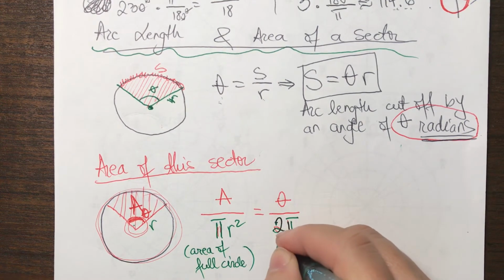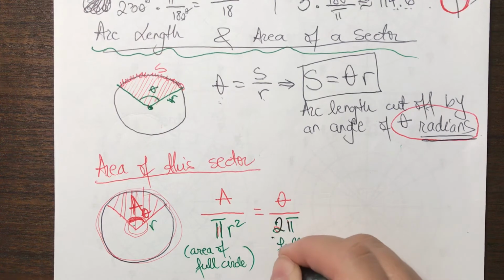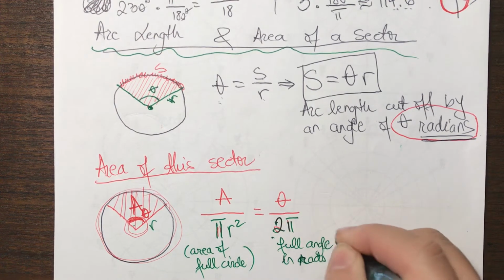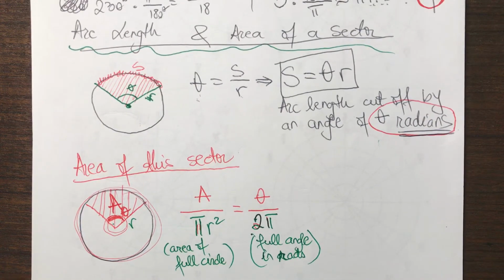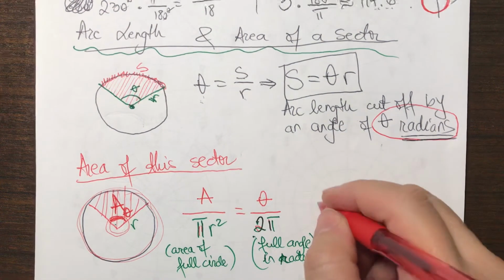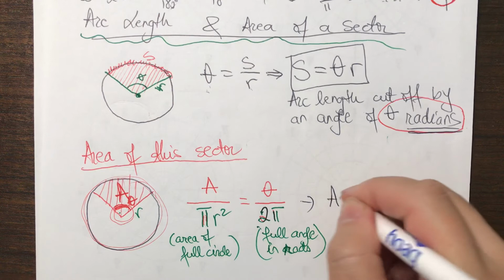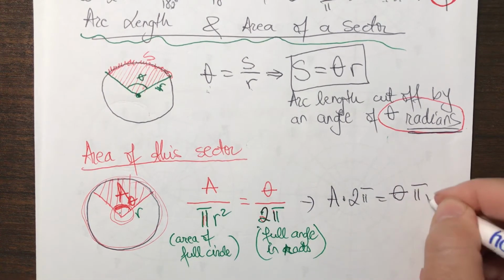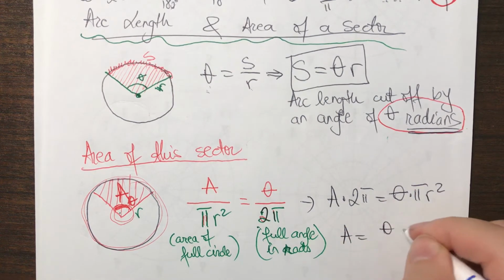This is the measure of the full angle in radians. Okay, so it's in the same proportion. So again, what did I want? I wanted a formula for A, so all I have to do is cross multiply. So A times 2 pi is equal to theta times pi r squared. And then I'm going to divide A by 2 pi.